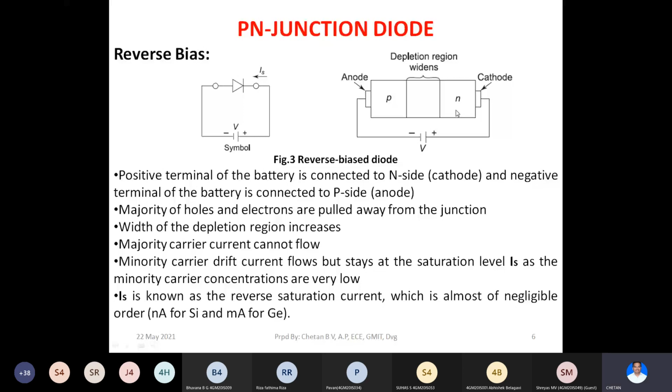Due to application of very high reverse voltage, these electrons will acquire high energy and they will collide with the nearby atoms. When they collide with high energy with the nearby atoms, they in turn release the valence electrons from the nearby atoms. The valence electrons are the electrons in the outermost shell.